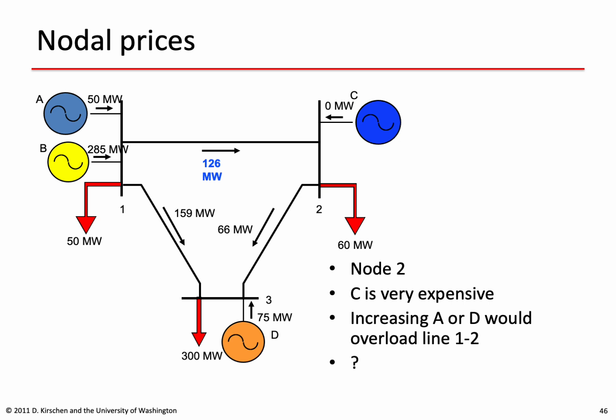Same thing if we produce a megawatt with generator D. Some of it would flow from 3 to 1 to 2 and would also overload line 1, 2. So these two solutions taken separately are not going to work. And at first glance we think, okay, we have to produce it with C. But in fact, there's another way to deal with it.